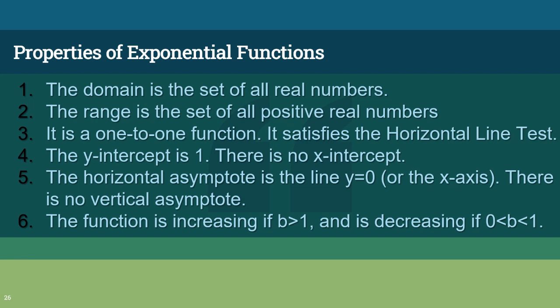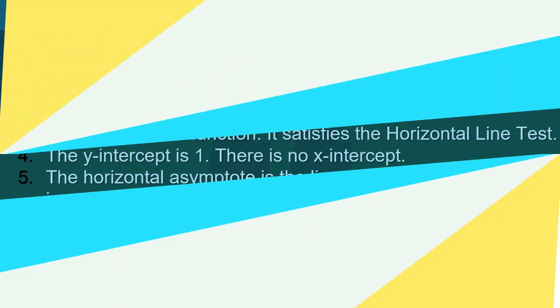There is no x-intercept. Number 5, the horizontal asymptote is the line y is equal to 0 or the x-axis. There is no vertical asymptote. Number 6, the function is increasing if b is greater than 1 and is decreasing if b is between 0 and 1.